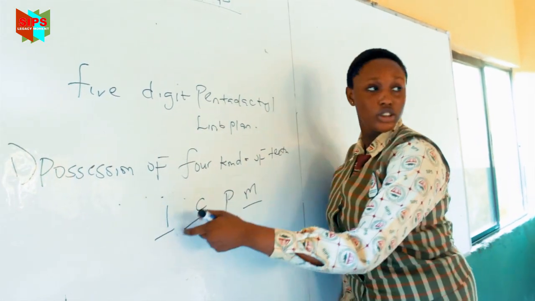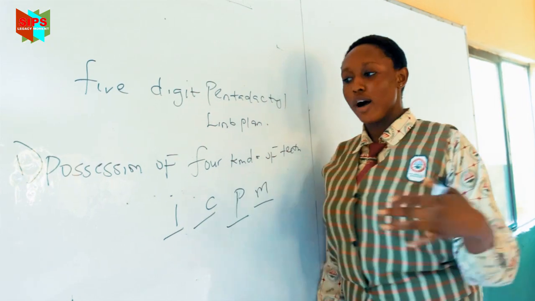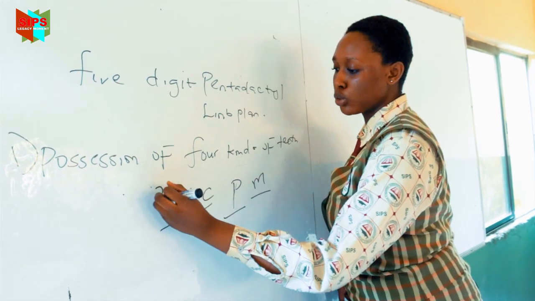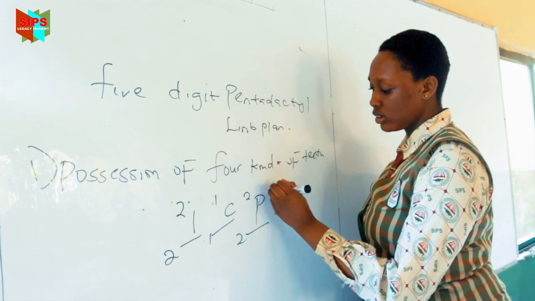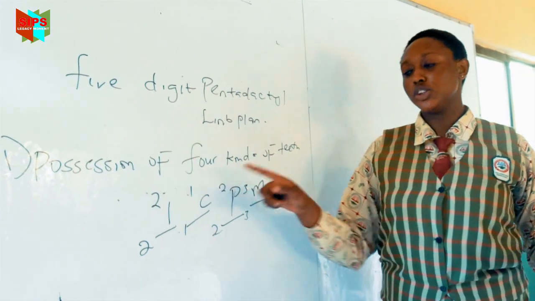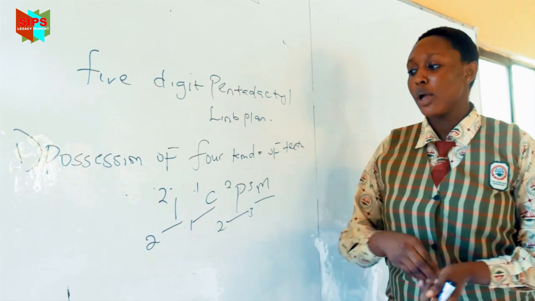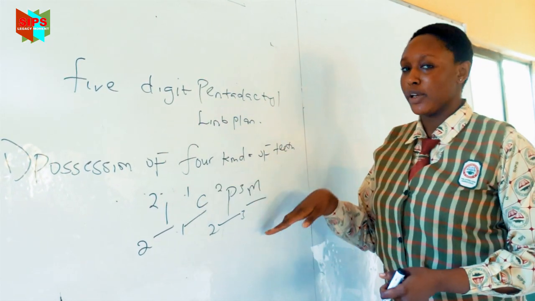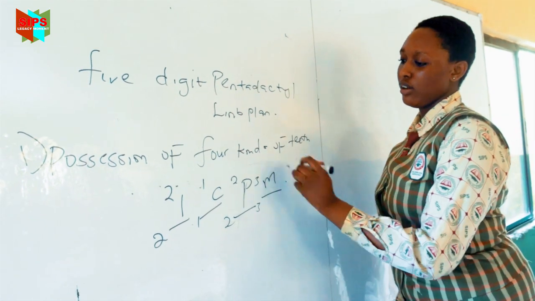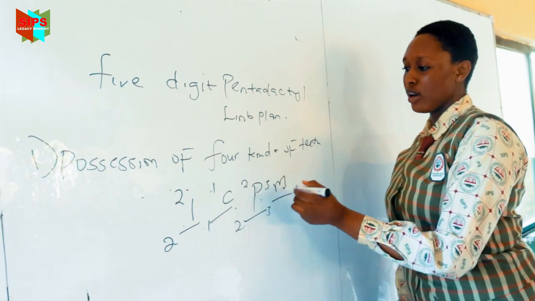And the number of teeth in our mouth is 2, 2, 1, 1, 2, 2, 3, 3. You multiply everything together times 2 to give you 32, because the upper jaw has this ICPM, the lower jaw has this ICPM. That's incisors, canine, premolar, and molar.